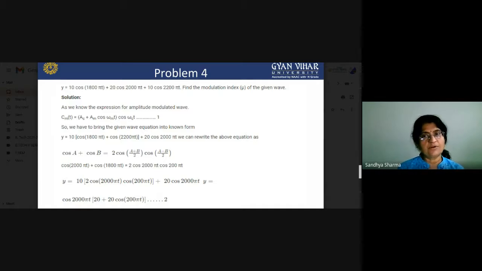You have to calculate the modulation index mu of the given wave. First of all, the expression for an amplitude modulated signal is Ac plus Am cos omega mt, times cos omega ct. So we have to bring the given wave equation into this known form, then we can convert it into a convenient form.